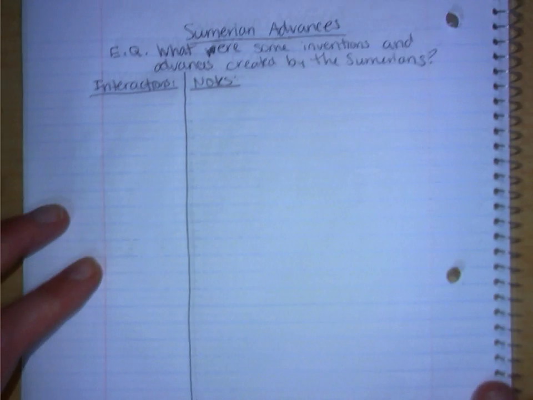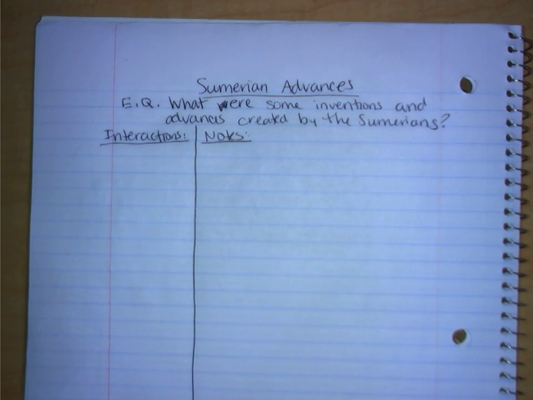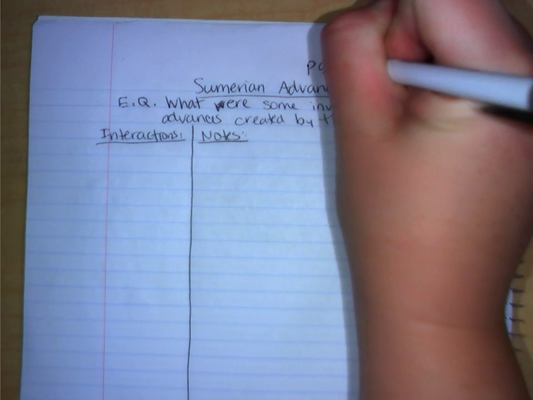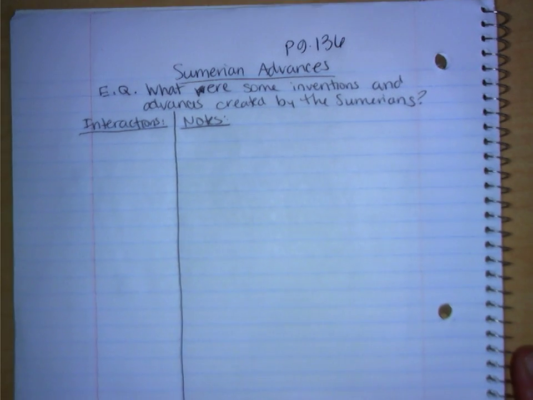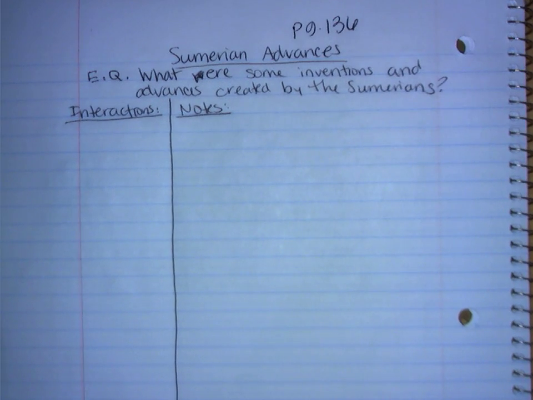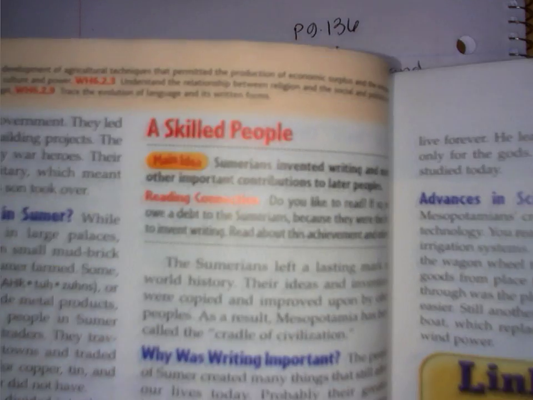All right, and this is page 136 in your textbook. So we're going to add that at the top. All right, zoom in a little bit. So page 136 in your textbook looks like this.